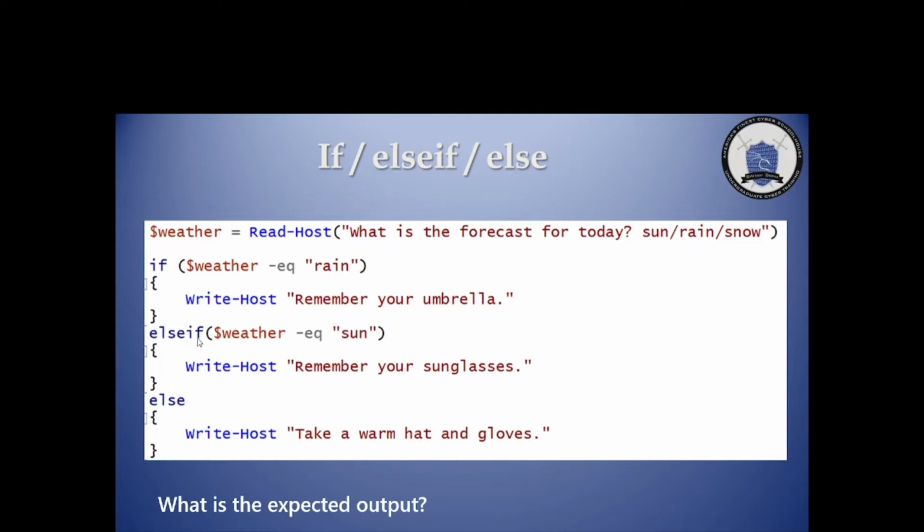And then else if, so instead of just putting else, you can actually add another if here. So else if weather is equal to sun, then it's going to write host remember your sunglasses. And then finally, if neither of these conditions are met, it will output the else here: Write-Host take a warm hat and gloves.